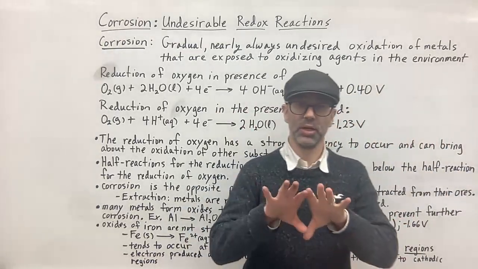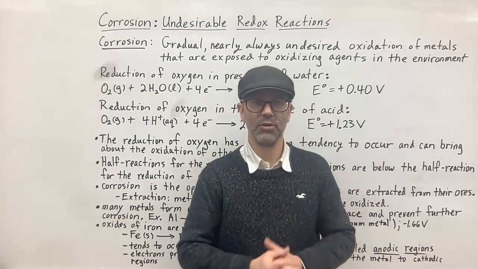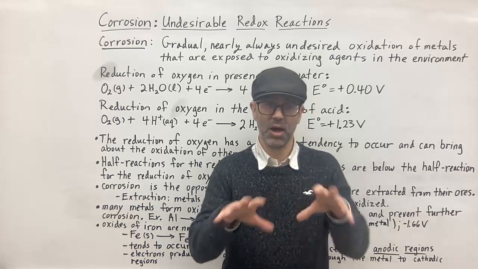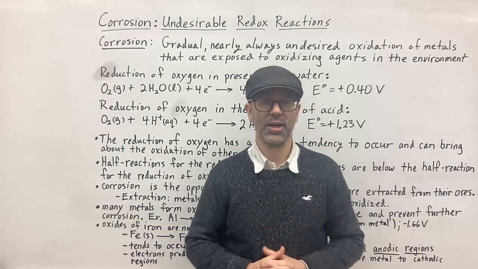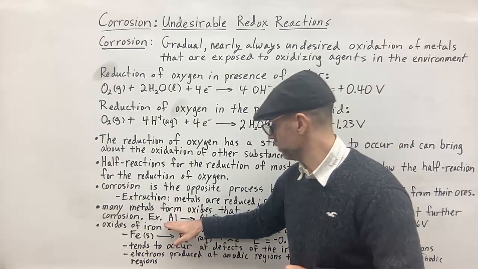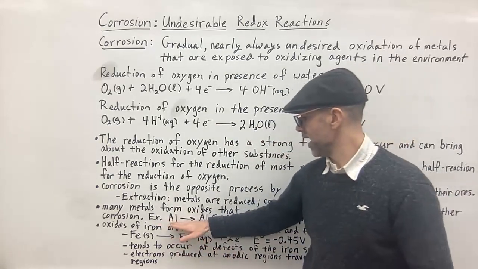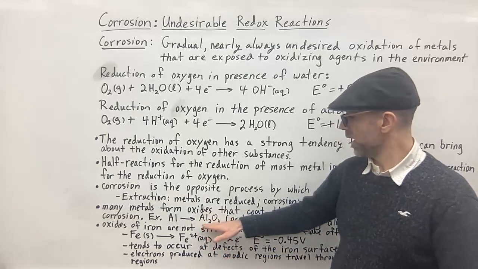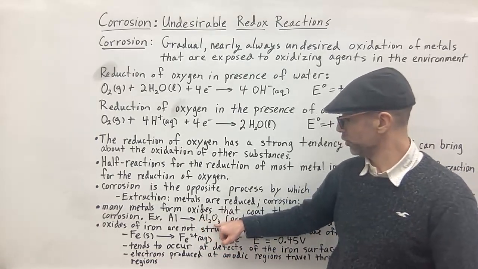They form a little coating around the metal, so the metal below that coating is now protected. An example of that is aluminum. Aluminum will react and get oxidized to form aluminum oxide, Al2O3.